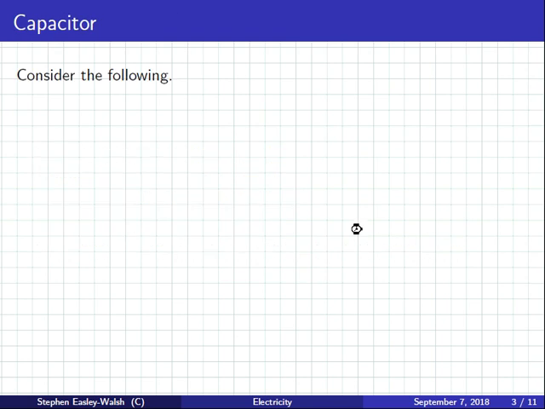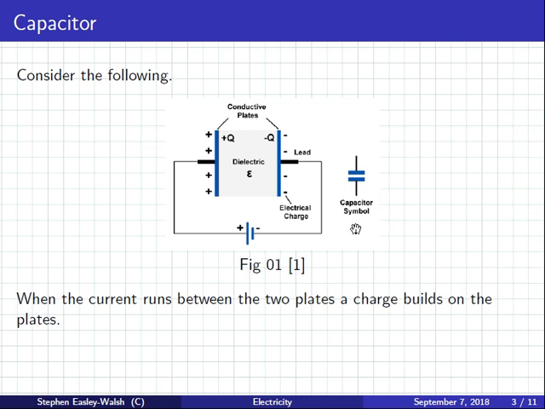So, a few little things to look at here. Look at the following circuit. Quite simple. What you have here is a cell, and here you have 2 conductive plates. Don't worry about this material, it's not so important for us right now.